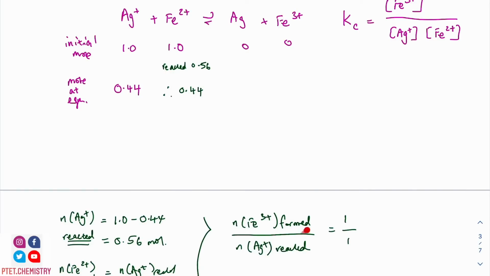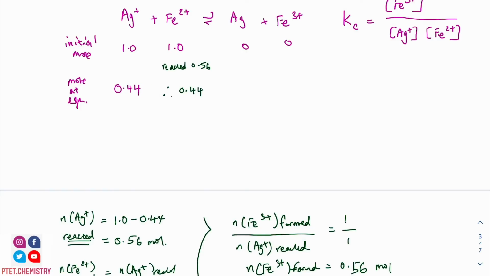I'm just putting it into words and explaining it as 1:1. In reality, you can see that that is very clear. The Fe3+ formed is just going to be 0.56 mole, because that was how much of the Ag+ has reacted.